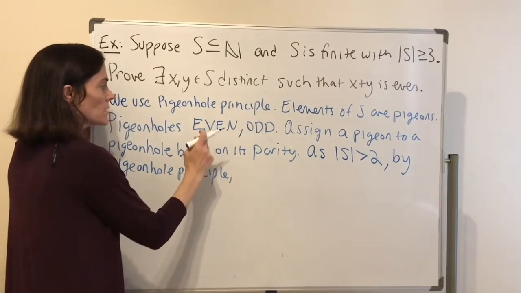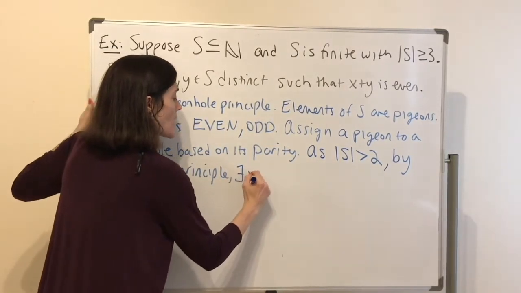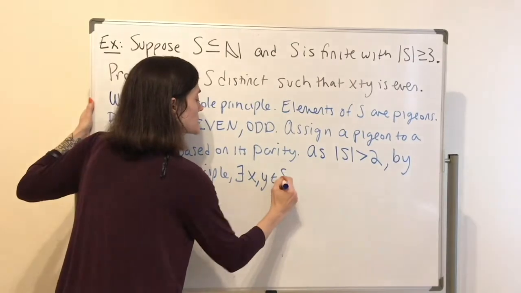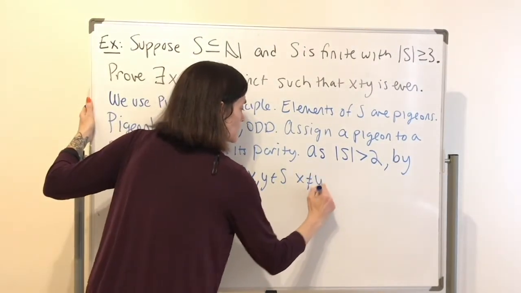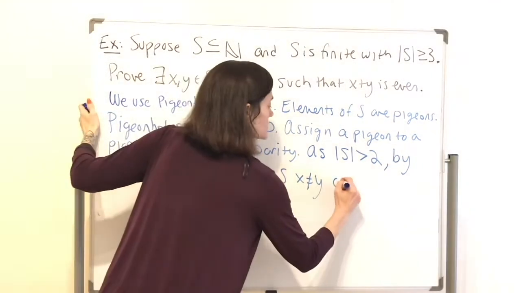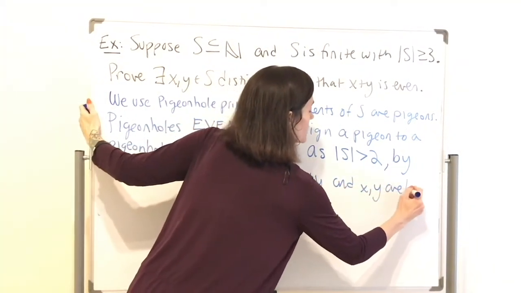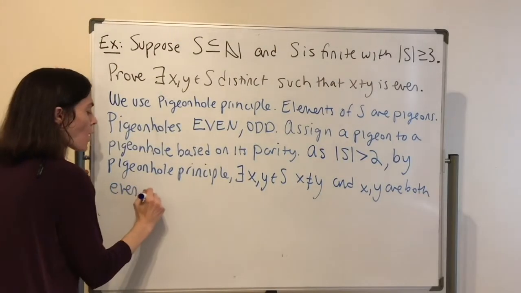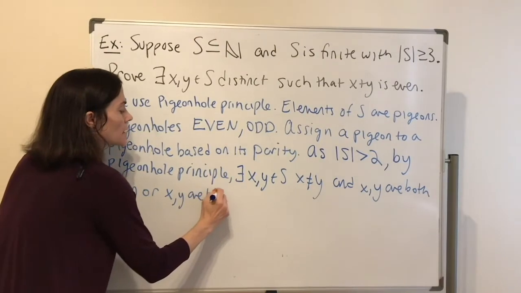Well, there exist, let's say, X, Y in S. We have 2 pigeons that are distinct, and X, Y are both even, or we have that X, Y are both odd.